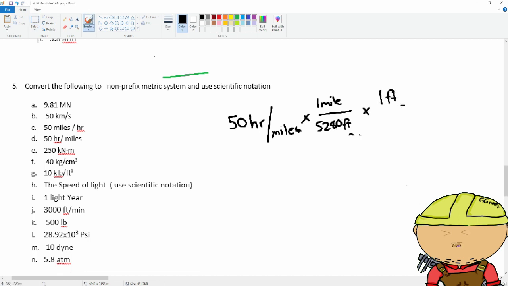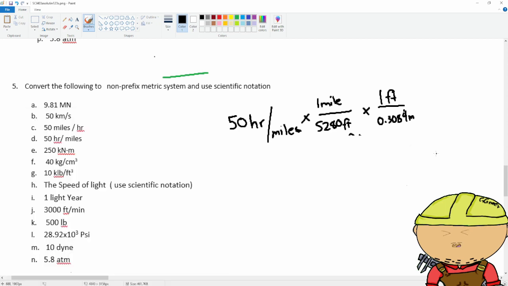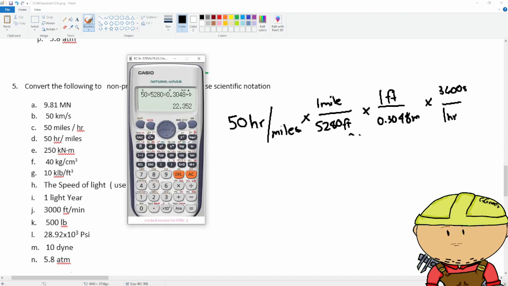1 foot is 0.3048 meter. Then 1 hour is 3,600 seconds. So 50 divided by 5,280 divided by 0.3048 times 3,600.